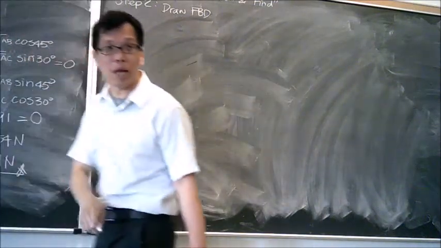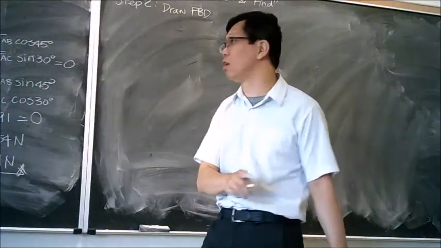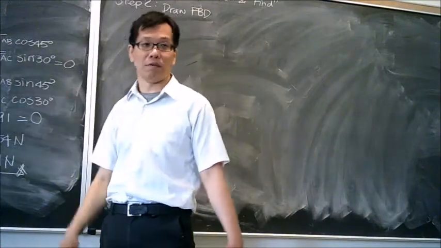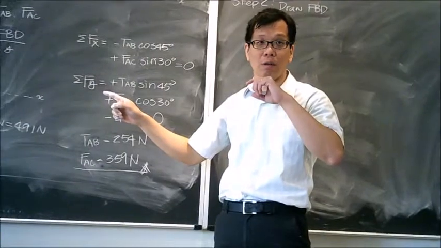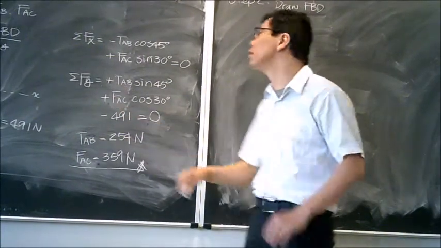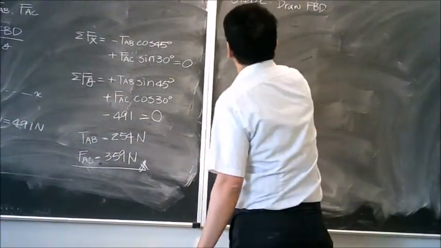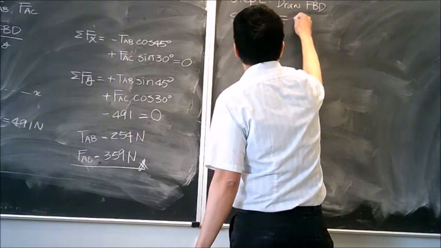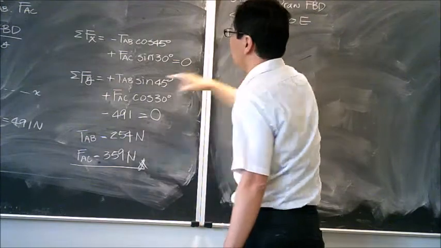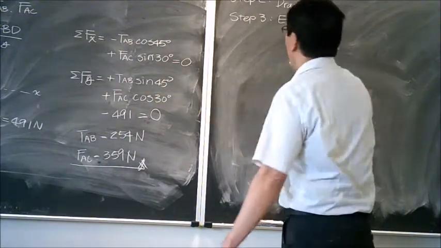Because if you don't do that, a lot of the time you are going to have positive, negative number symbols everywhere, and I have no idea what you're talking about. Seriously. Then, once that is done, equation of equilibrium. What is this?